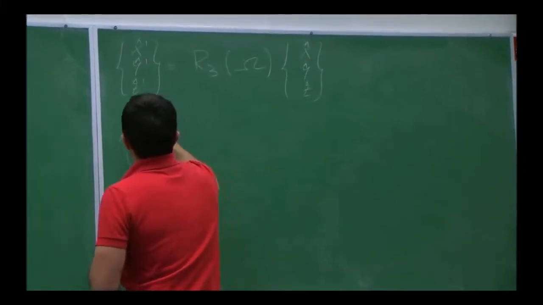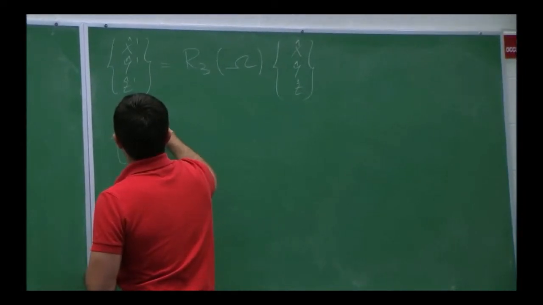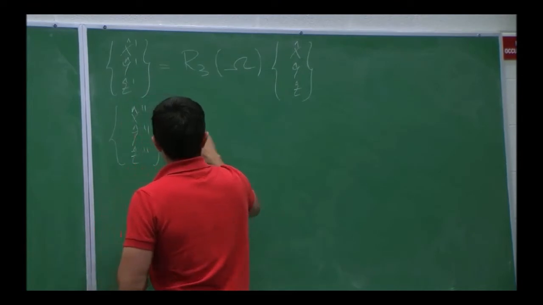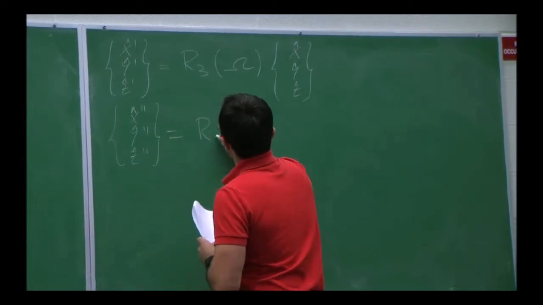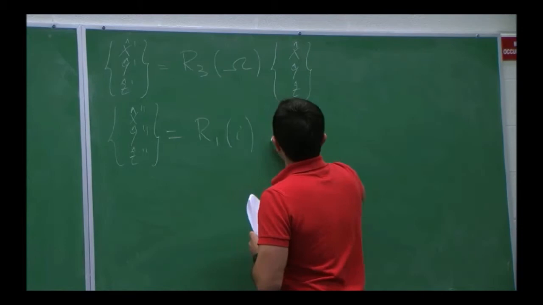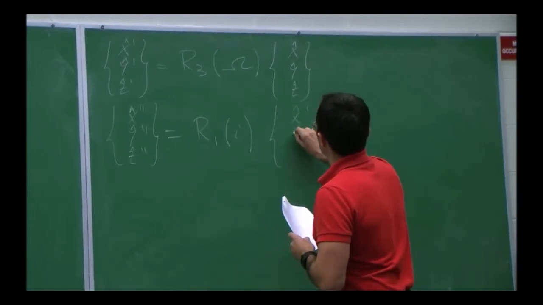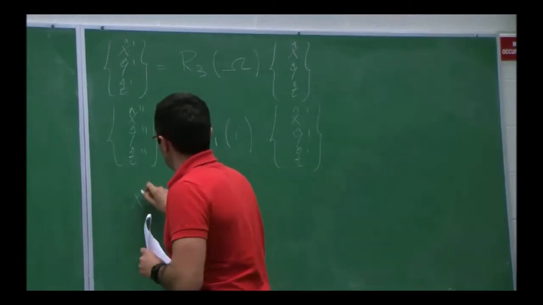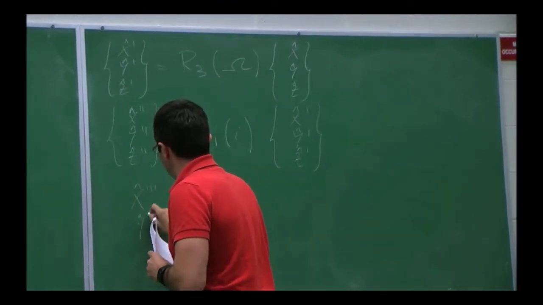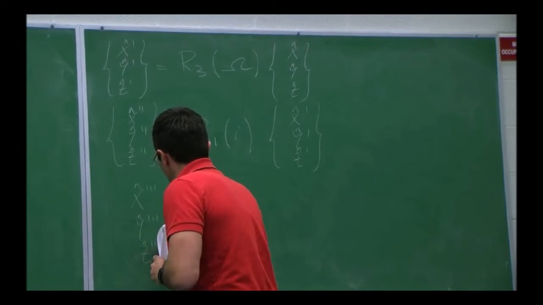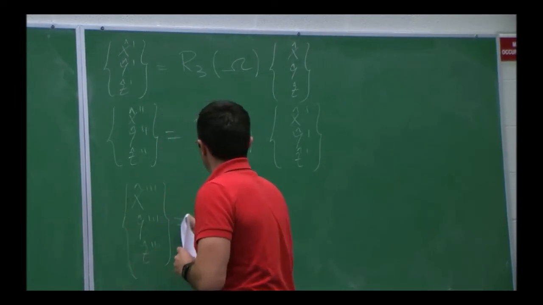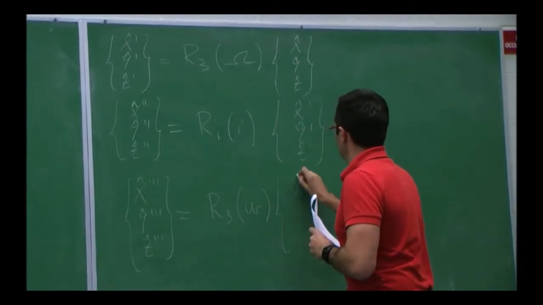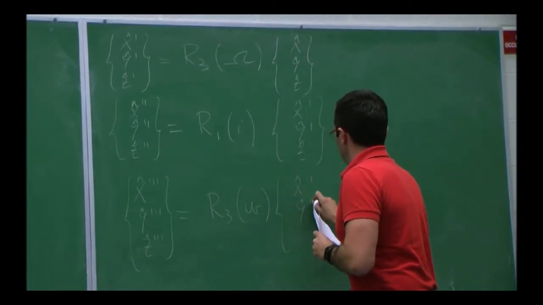Then I go from the prime to the second, and that is R1 of I. Okay, and the last one is this one.